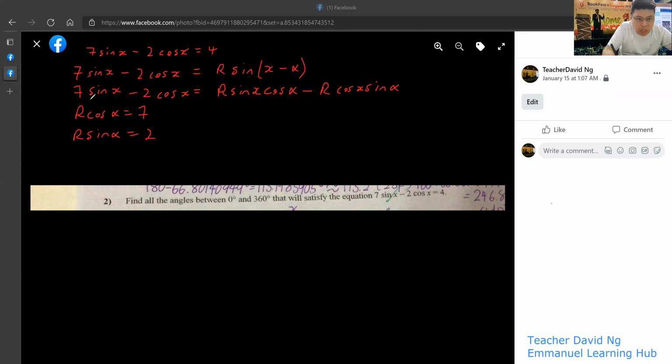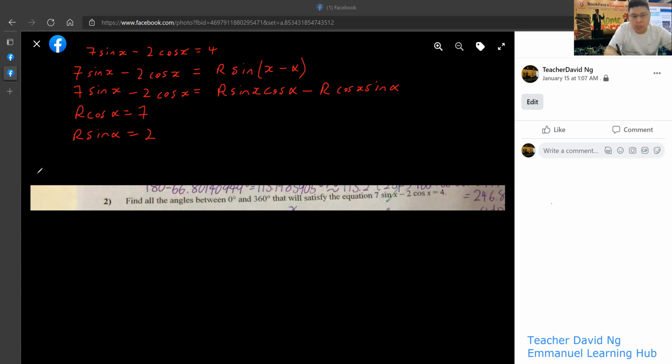So R cosine alpha definitely belongs to 7. On the same token, because this one is cos x, by comparing coefficients, you can see that your R cosine alpha is 7 and R sine alpha is 2.